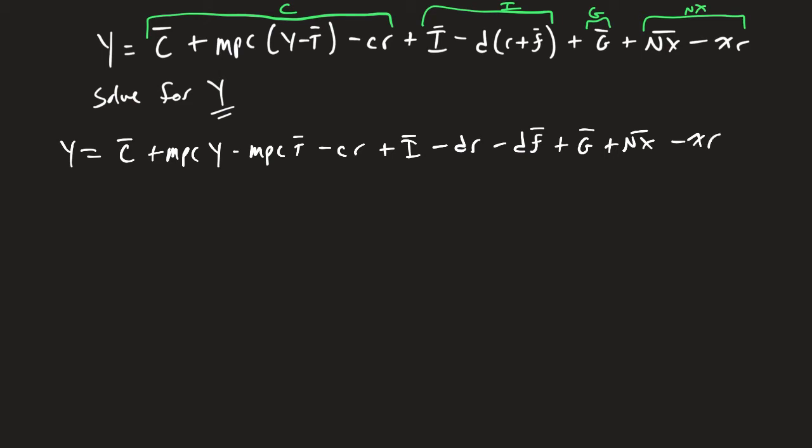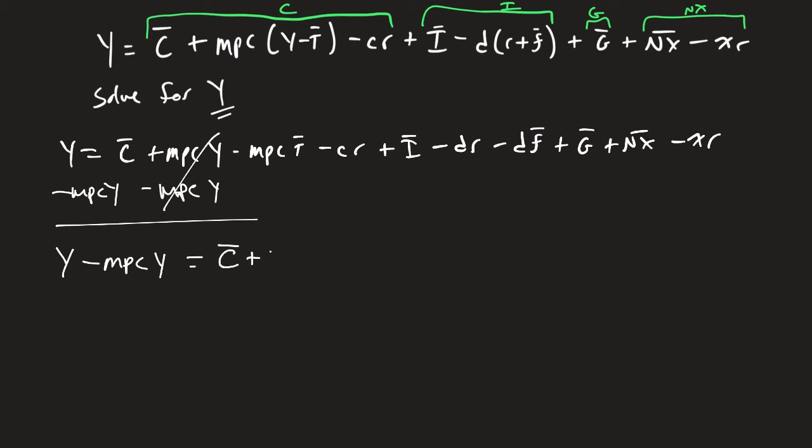The next thing we want to do is subtract MPC times Y from both sides. So we get Y minus MPC Y equals, and I'm going to rearrange some of this. The MPC Y is going to cross out. I'm going to put my autonomous spending, which we'll talk about in a second, together: a positive C bar, I bar, G bar, NX bar.